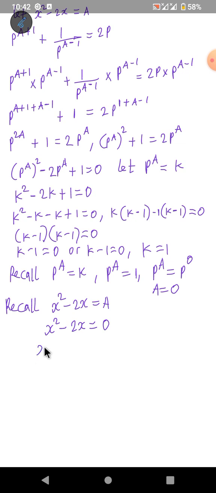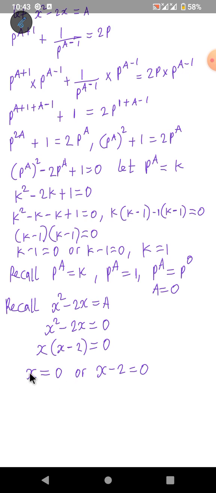So we say x is the HCF between x squared and minus 2x. So open bracket, x squared divided by x, we have x. Then minus 2x divided by x, we have minus 2. Close my bracket, all equal to 0. Then from here now, I can say that x is equal to 0 since x is multiplying x minus 2. So we say x equal to 0 and or x minus 2 is also equal to 0.